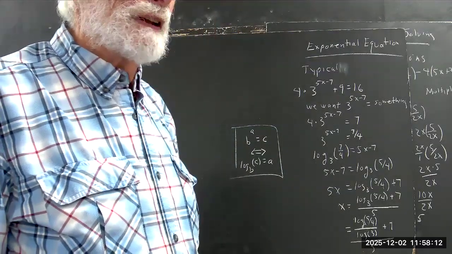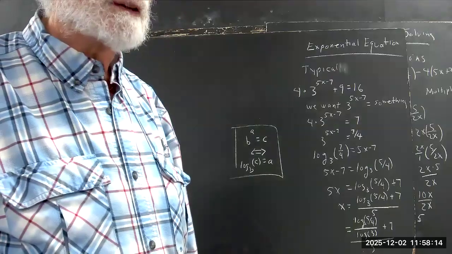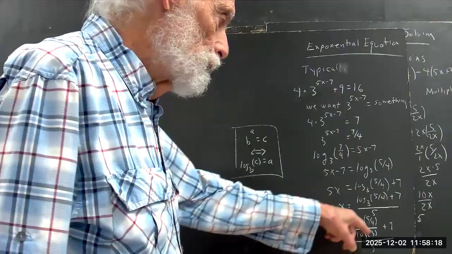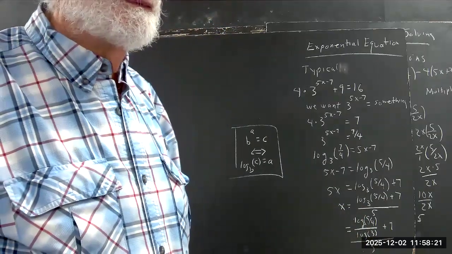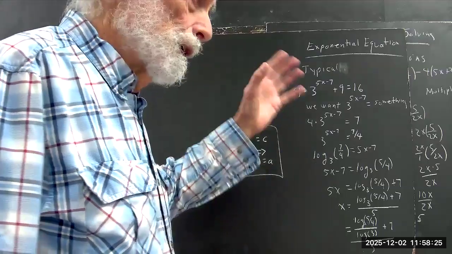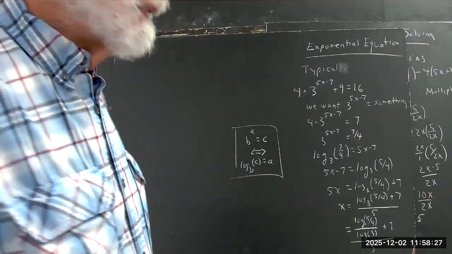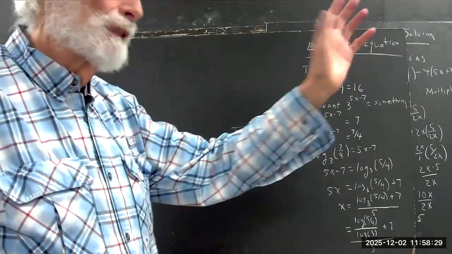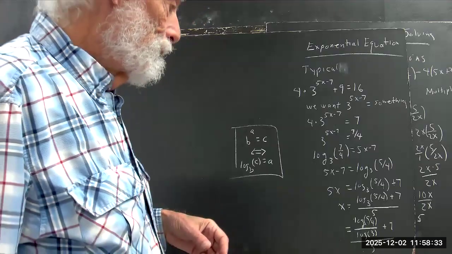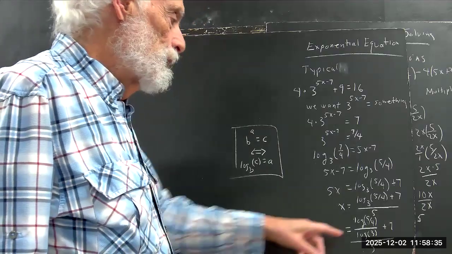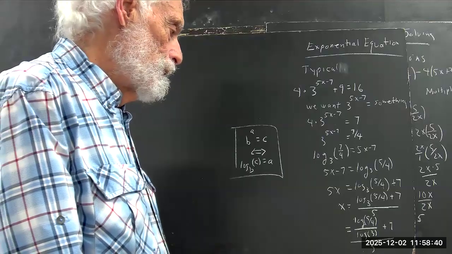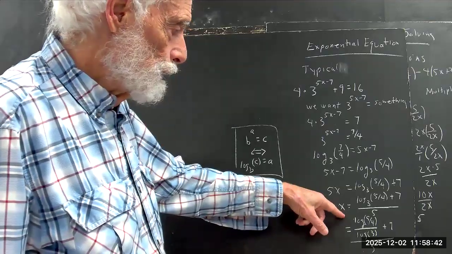At which point then you're welcome to punch that into your calculator, because you don't know what the log of 7/4 and the log of 3 is. Now I know the log of 3 is around 0.5. Log of 7/4, I'd have to interpolate something. I don't want to do that this morning. It's got to be kind of close to 0.25. But I don't want to estimate the decimals right now.